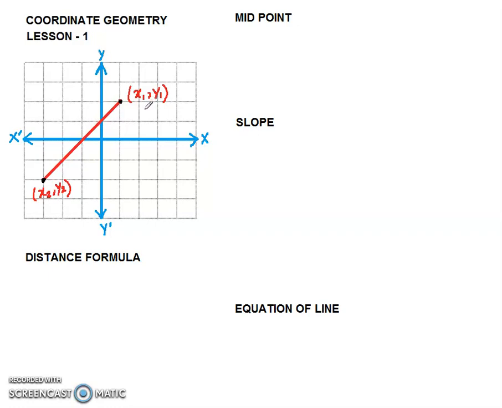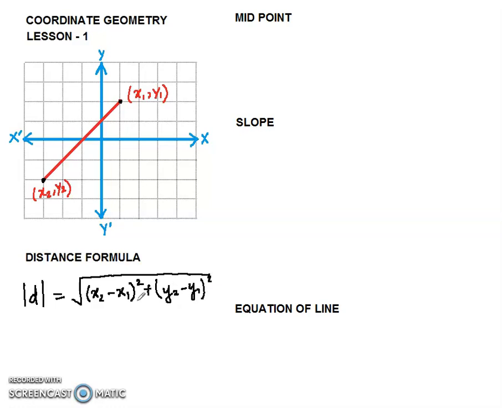So let's start with the distance formula. If you want to find the distance between these two coordinates x1 y1 and x2 y2, then according to the distance formula we can find the length between the two coordinates using this particular formula that says square root of (x2 minus x1) whole square plus (y2 minus y1) whole square.